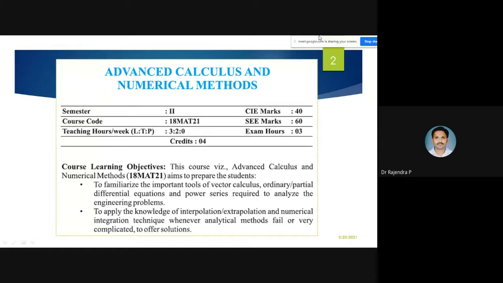The main objectives of this course are to introduce vector calculus, differential equations of higher order, both partial and ordinary differential equations, and numerical methods. There are various methods which we need to know.